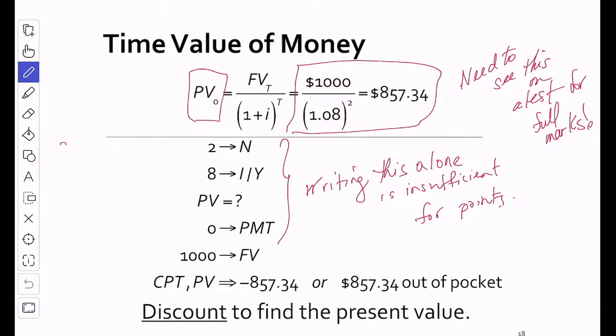So in the second scenario, FV is a negative because you have to pay it back because you're borrowing against it, and PV would be a positive. But no one's going to check what you put on your calculator. I'm just helping you understand the distinction of the two interpretations.